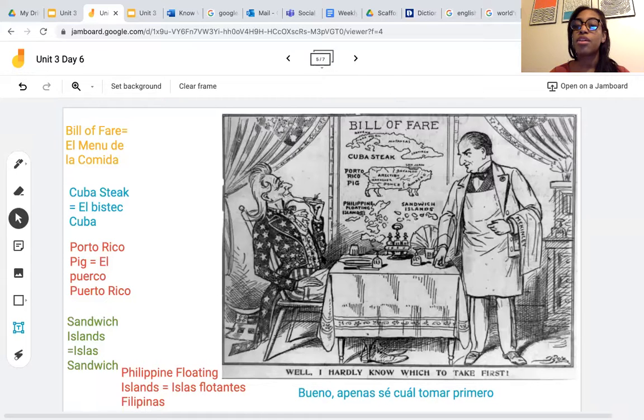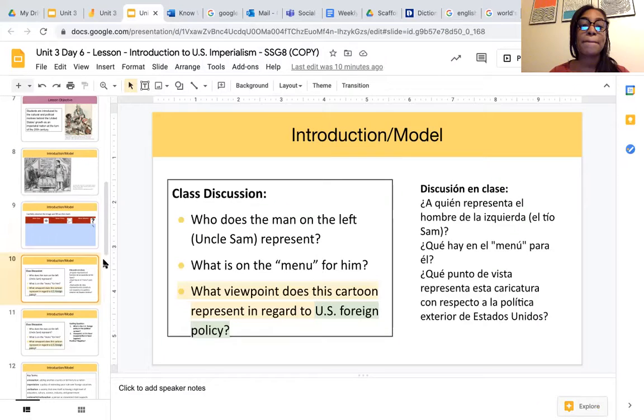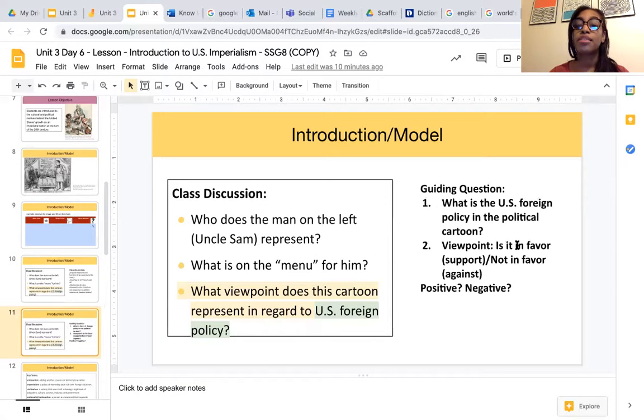How are they dealing with other countries? Or how do you think Uncle Sam or America is dealing with other countries? That's the question you want to ask yourself, right? And then for viewpoint, is it in favor? Does it support something? Is it not in favor or against something? Is it positive, negative? I want you guys to think about those questions. Thank you.